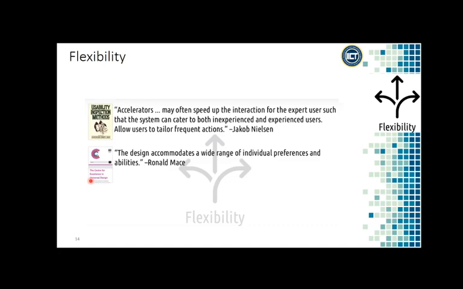You need to focus on the flexibilities. You need to focus on what the novice user can do and what the expert user can do. So you need to focus on both of them.